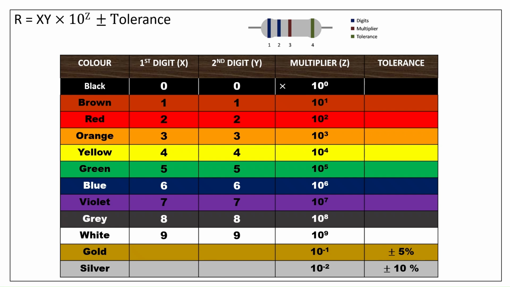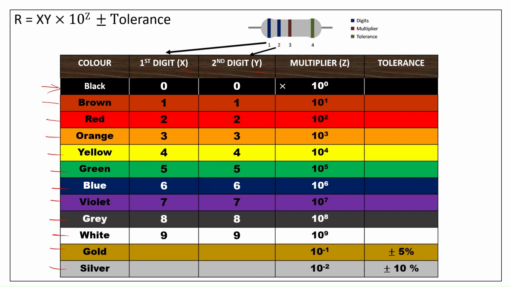Consider a 4-band resistor. Let's understand with a table. The colors on the resistors are black, brown, red, orange, yellow, green, blue, violet, gray, white, gold, and silver. The first and second bands indicate the first and second digits, that is X and Y, which start from 0 to 9, as shown in the table.